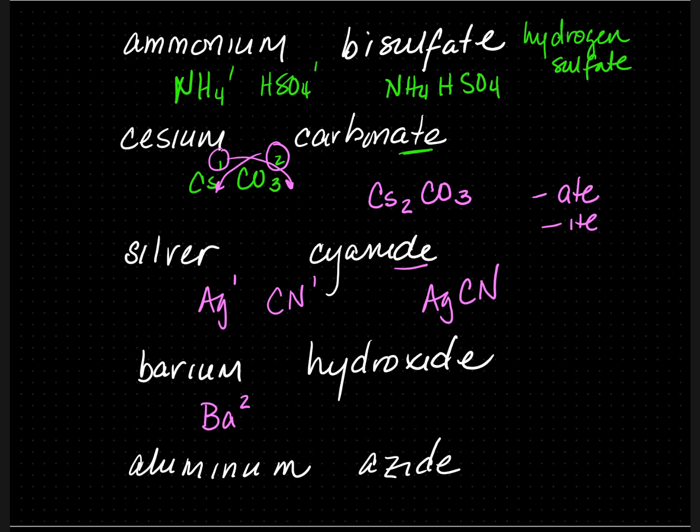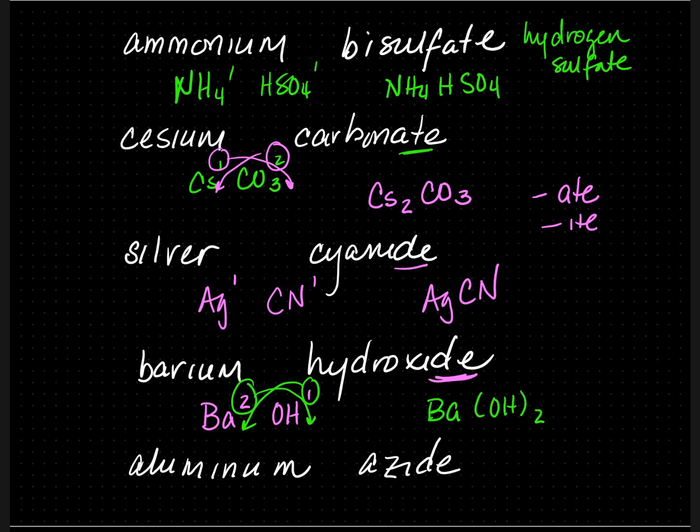Barium is Ba, charge of 2. Hydroxide is, again, one of those exceptions. Hydroxide is OH, charge is 1, cannot be reduced. Now we need to crisscross down. The 2 from the barium goes to the hydroxide. The 1 from the hydroxide goes to the barium. So it's Ba1, which we don't write the 1. Since there is more than one polyatomic, we need to do OH in parentheses 2.